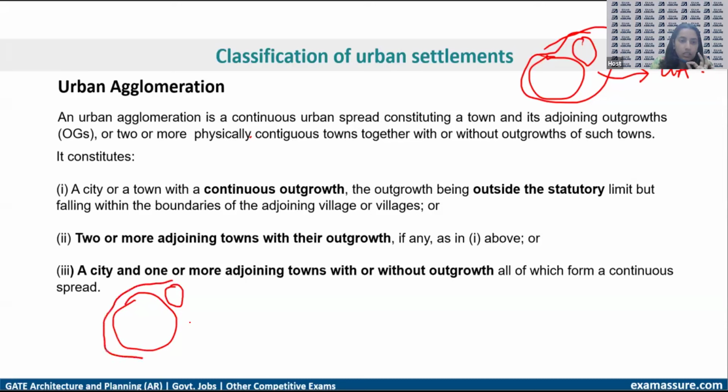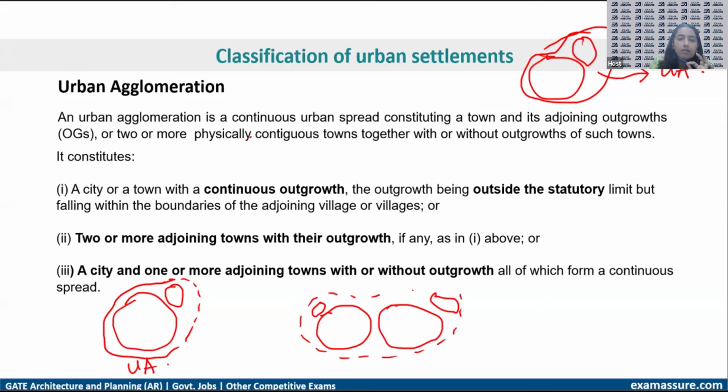You consider that as one unit. This could be called an urban agglomeration, where you have two or more towns. So let's say there are two towns and their outgrowths, where you now consider this entire area as one unit. Can I say that is one urban agglomeration?